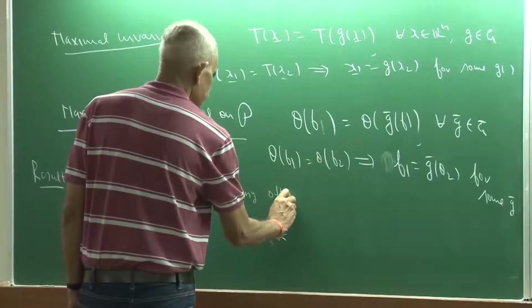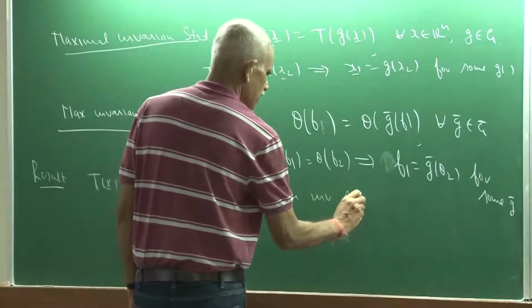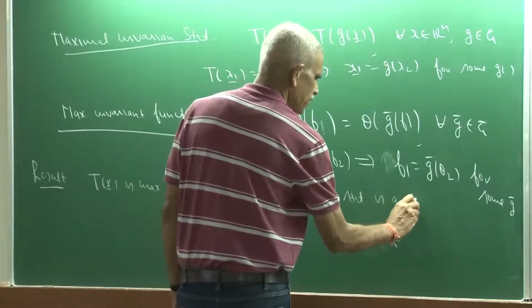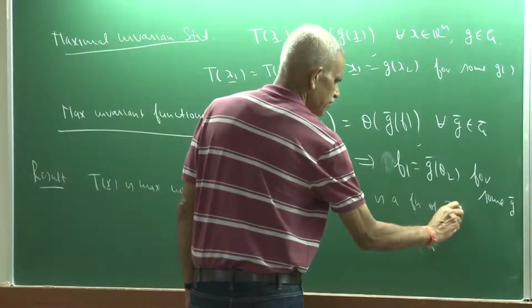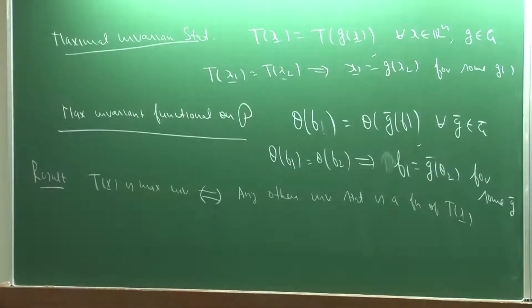In other words, for any other invariant statistic V of x, there exists a function h such that V of x is the same as h of T of x.